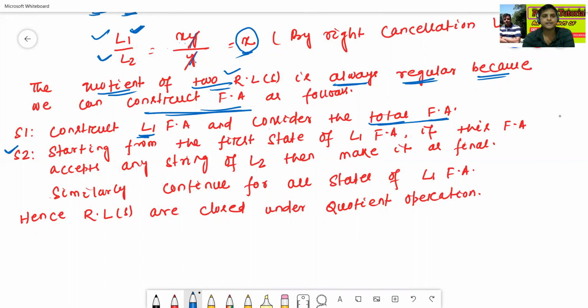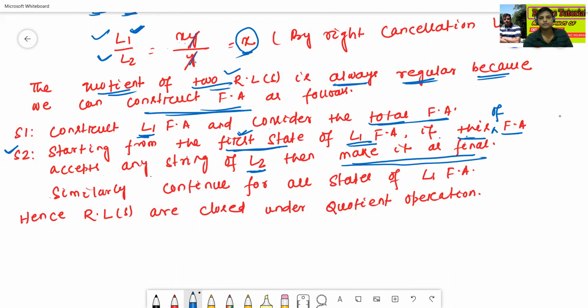The second step is, starting from the first state of L1 finite automata, if this state accepts any string of L2 language, then make it final.